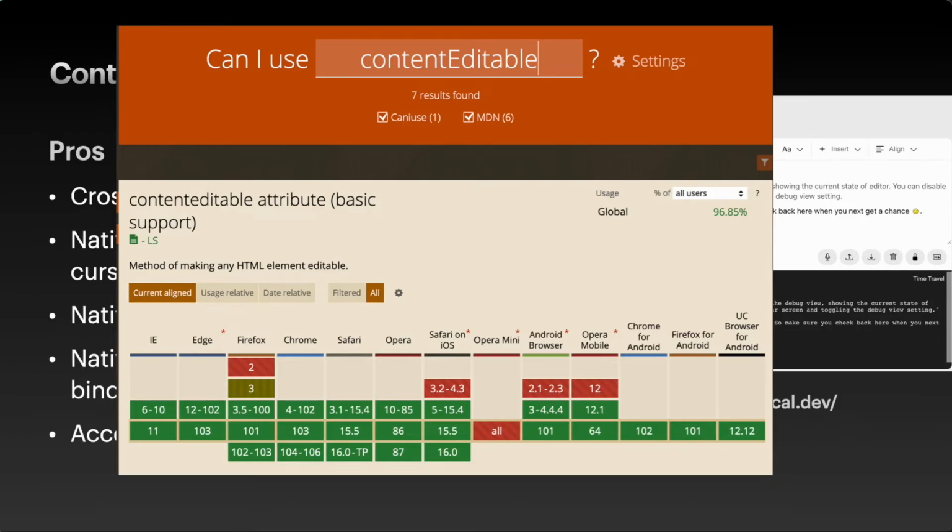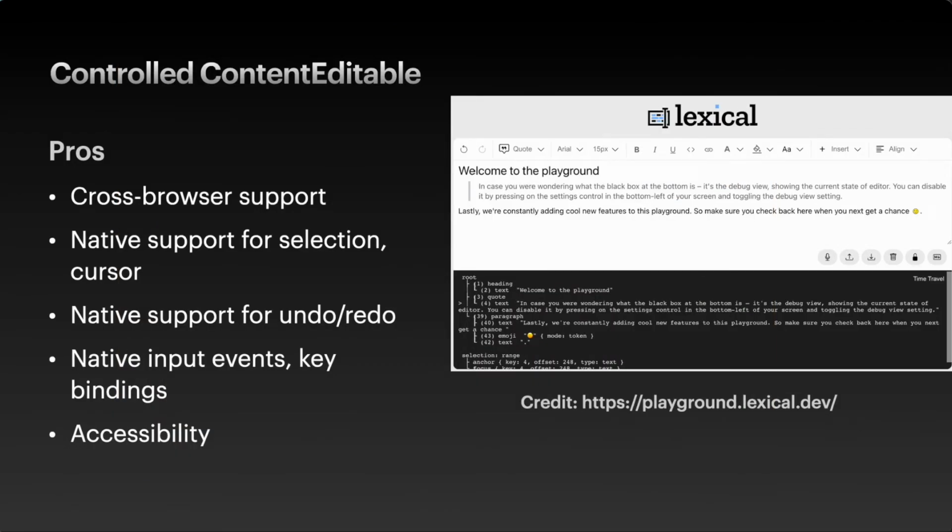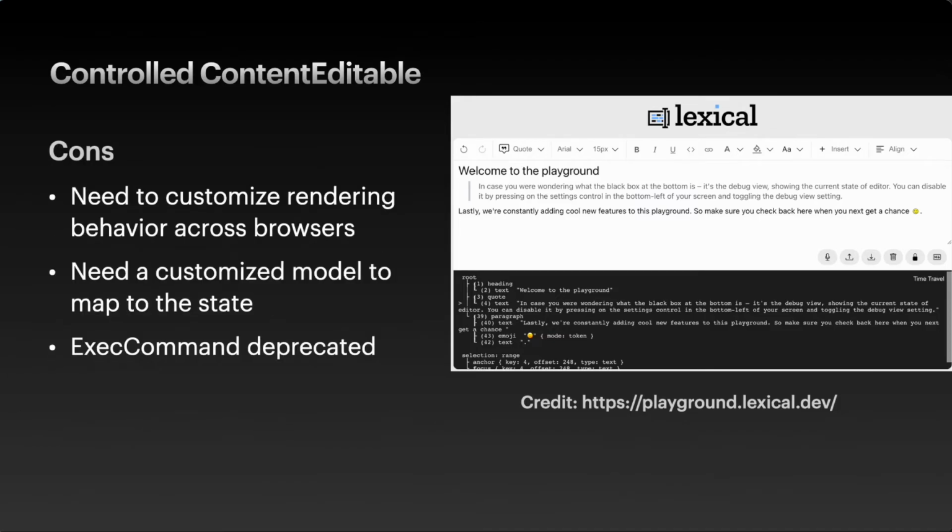It has been around since the very early age of browsers, and it has native support for selection, cursor behavior, undo, redo functionality, even input events, key bindings, and accessibility. It has a lot to offer, but the con is that we need to customize the rendering behavior across different browsers, and we need a customized model to map to the editor state.